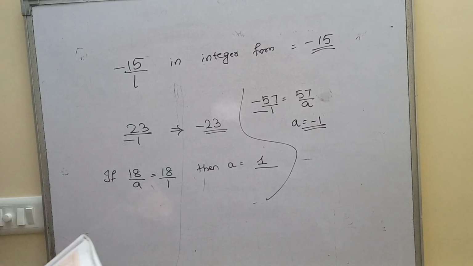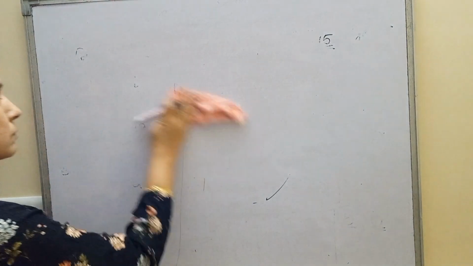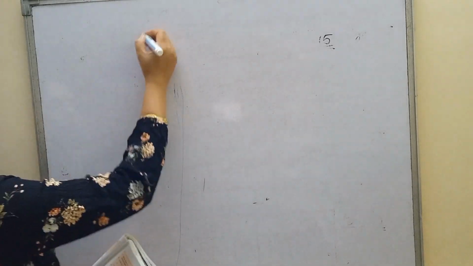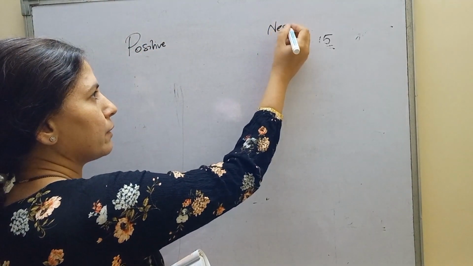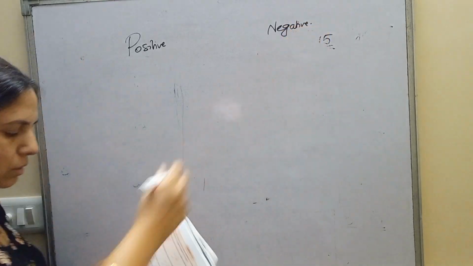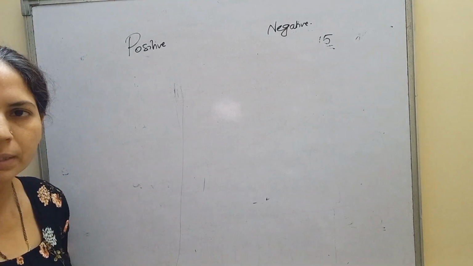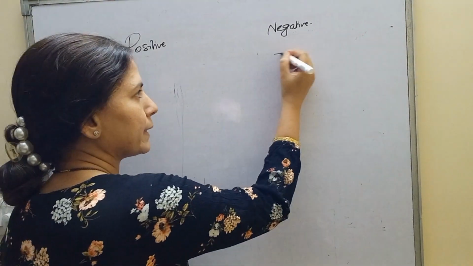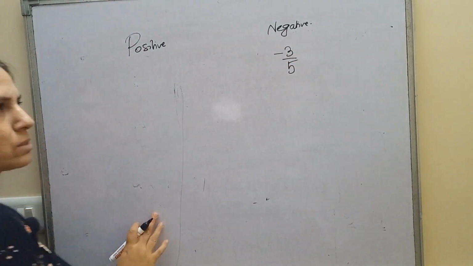Let's go ahead with the question number 6. Question number 6 is separate positive and negative. Now tell me, minus 3 upon 5. Only the numerator is in minus, denominator is not in minus, so it will come in negative. The next number is 3 upon minus 5.